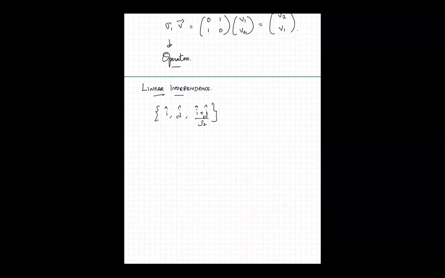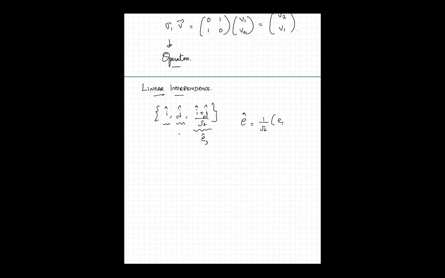If you knew nothing about basis vectors, the way you can say that my claim is bogus is by saying that this third vector is nothing special. It is simply a combination of the first vector and the second vector. If I call this third vector e hat, it is simply 1 over root 2 times the first vector plus the second.